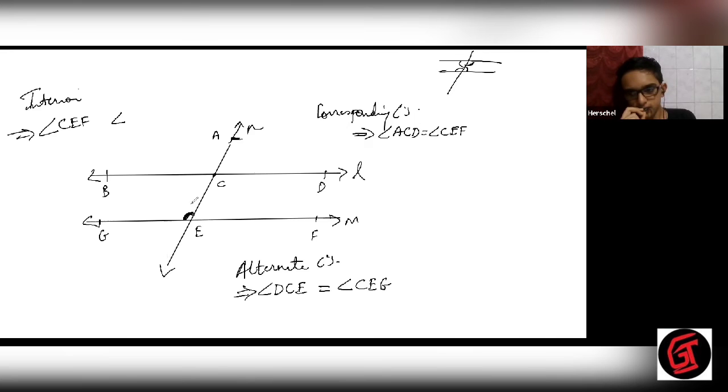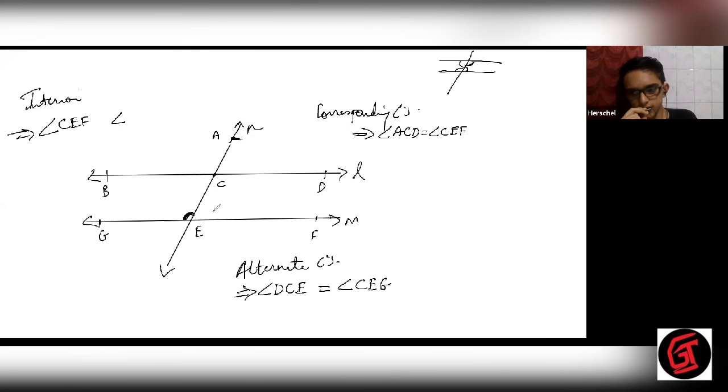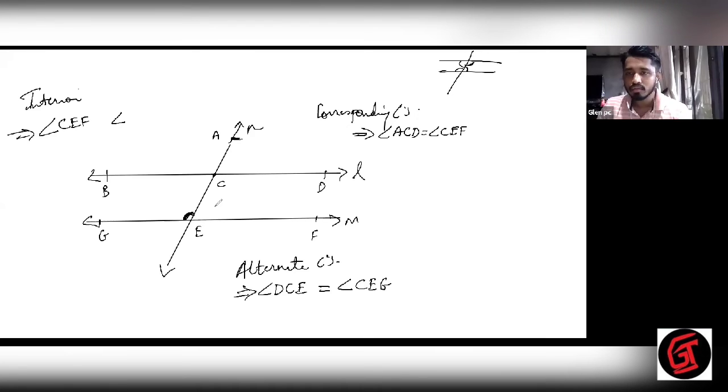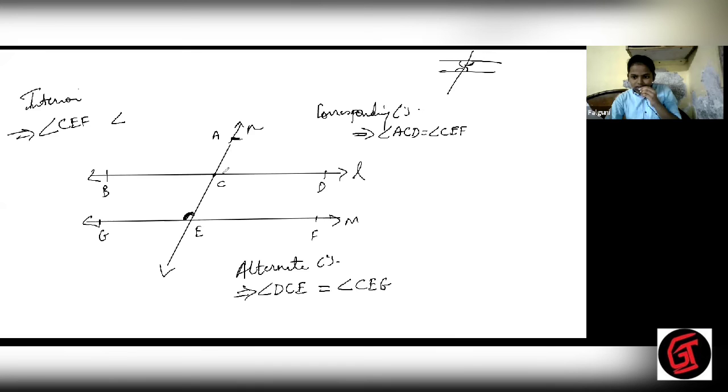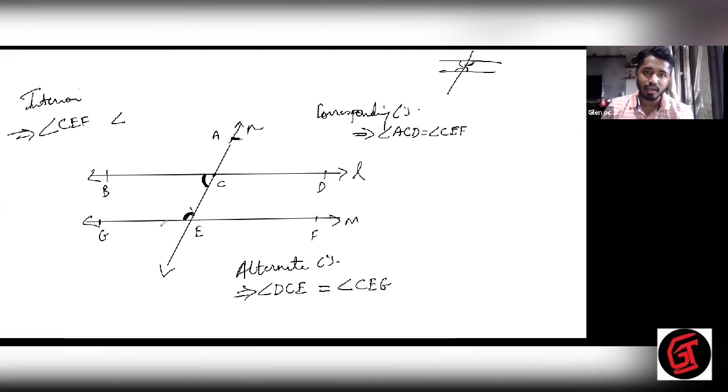Sir, CES. No, CEG is left. CEF is on the right. Come on, Falguni. Sir, ECB. No, you are very close. Come on, Falguni. The angle BCE. Superb. Here, everyone. This angle and this angle both are inside, no? So both these are what?